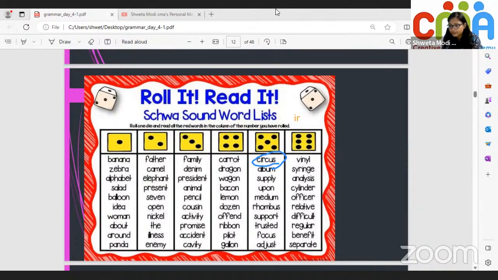One. Okay, so I will unmute Aksa. Can you read the first word of first column? It's banana. Okay, all of you quickly find which vowel is going lazy.